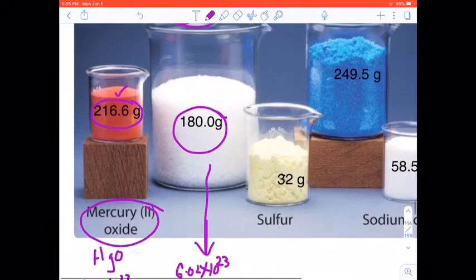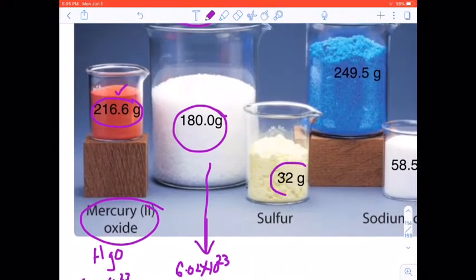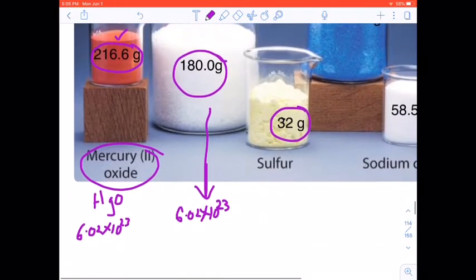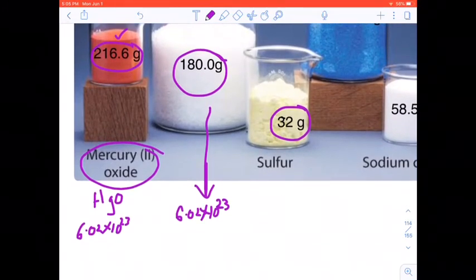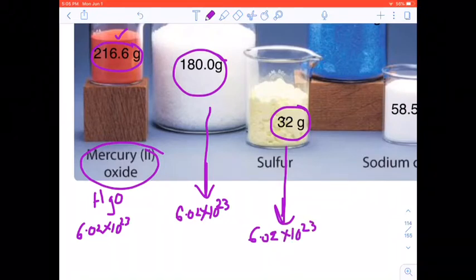If I take 32 grams of sulfur, then I can say 32 grams of sulfur contains 6.02 times 10 to the 23 atoms of sulfur.